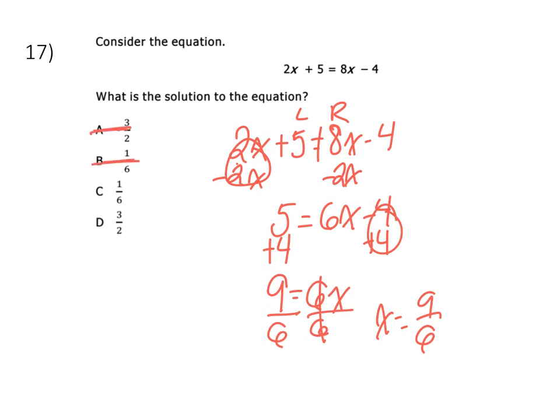I see one that is a fraction and one's an improper fraction. I know that 9/6 is an improper fraction, so I know my answer is going to be 3/2, because if I divide my numerator and my denominator by 3, 9 divided by 3 gives me 3, 6 divided by 3 gives me 2.